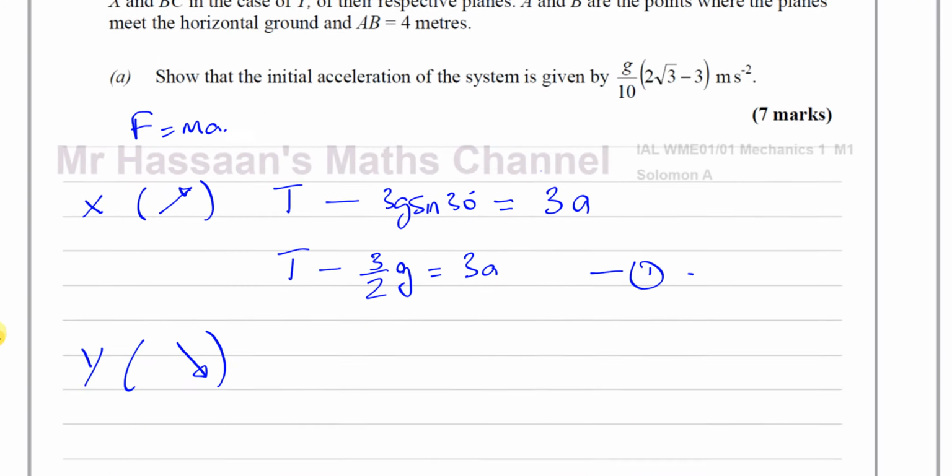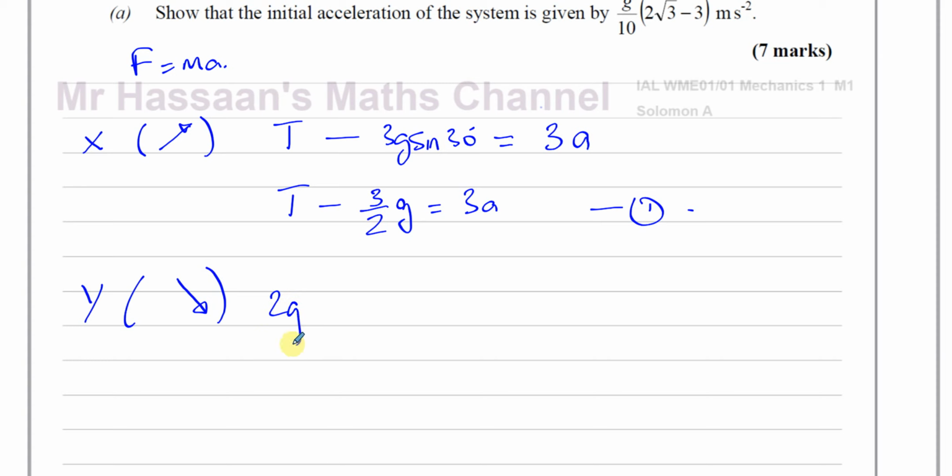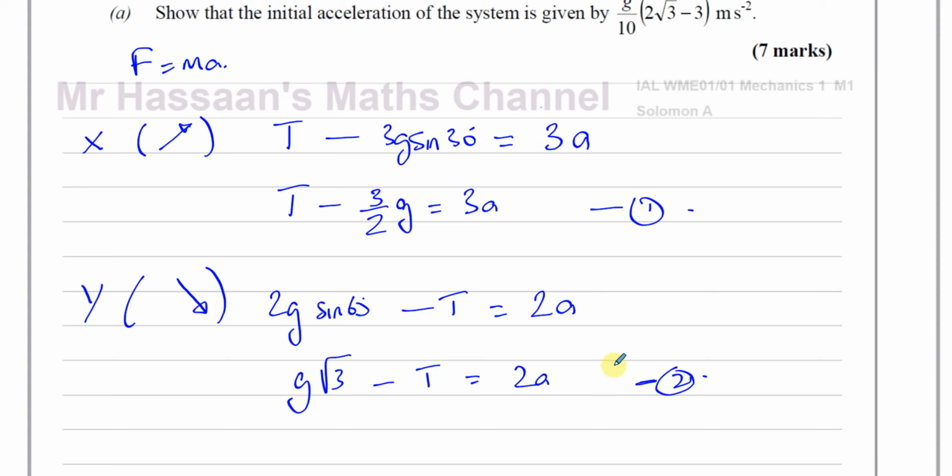So 2g times sine 60, minus the tension, is equal to its mass, which is 2, times a. And sine 60 is root 3 over 2, so the 2s cancel out. You're left with g times root 3 minus T equals 2a. And that's equation number 2.